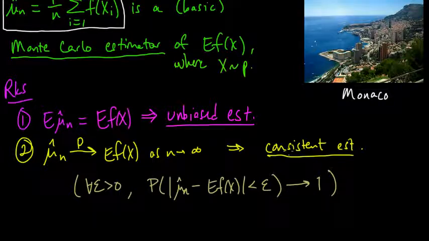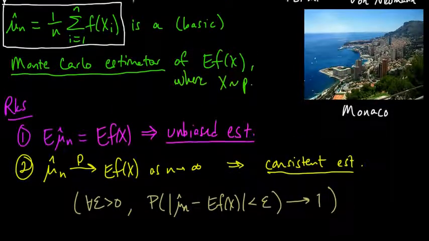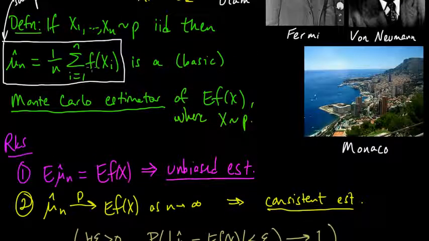Roughly, what this means is that when n is big, then with high probability you're going to be close to the true thing. So if you were to actually draw a bunch of samples from the distribution and compute this estimate, then with very high probability, you're going to be close to the correct thing.